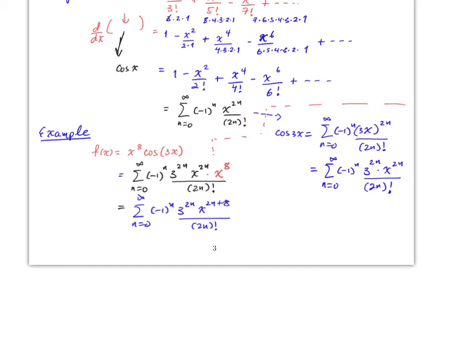Now, once you have this, it could also be very easy to integrate this by integrating both sides. And if we do that pretty quickly, let's say that, so we have more space here.